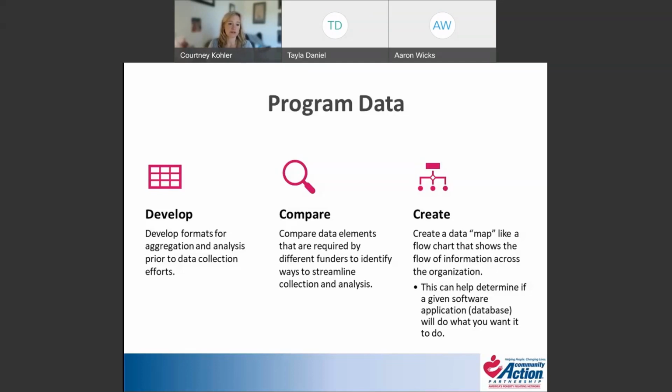And if we're able to zoom out, as we're creating our overall strategy around data collection itself, we can create a data map or a flow chart that shows how information flows across the organization. This can actually help to determine if a given software application or database is working well for you, or doing what you want it to do for your organization.